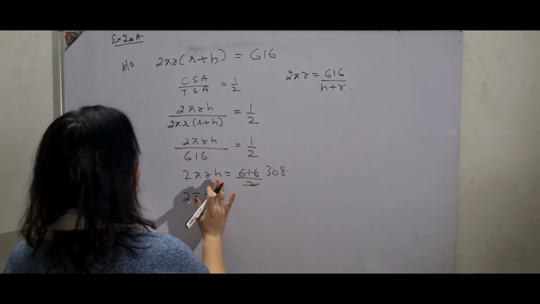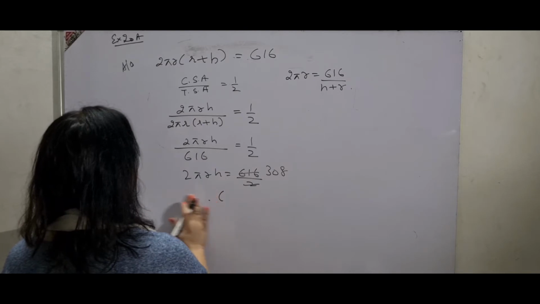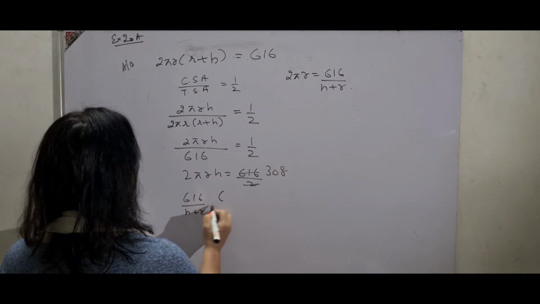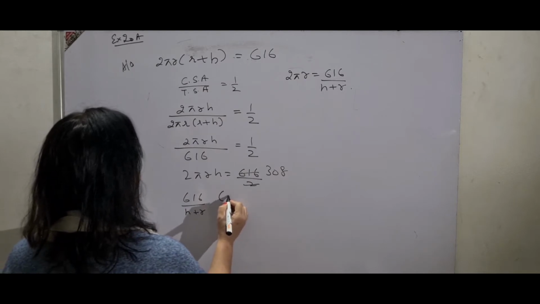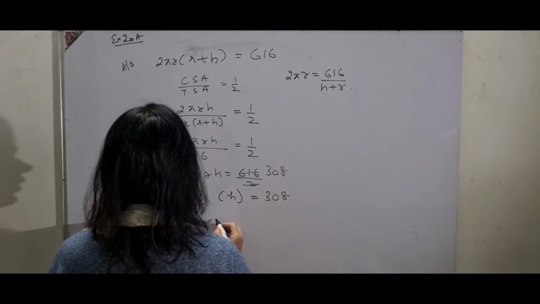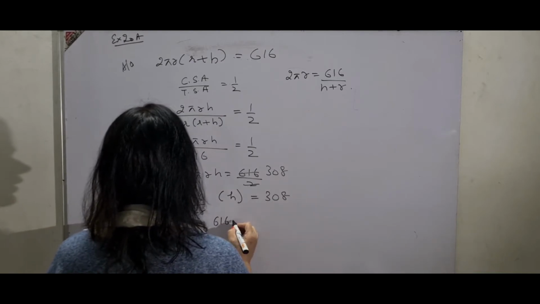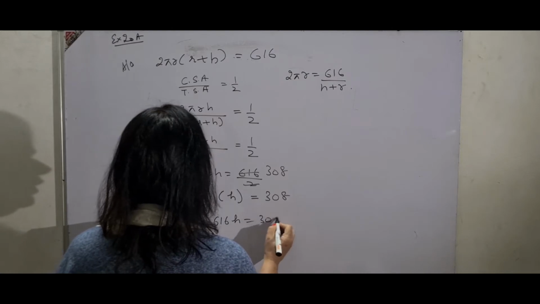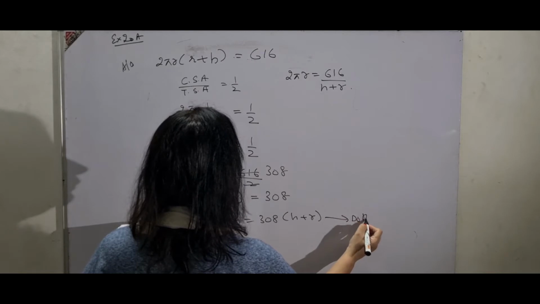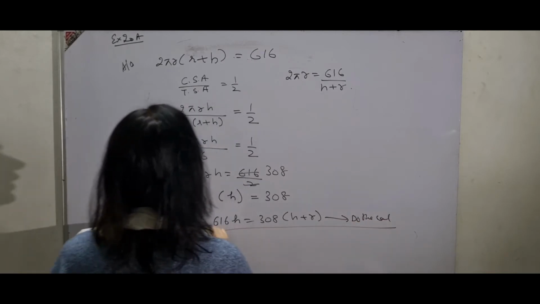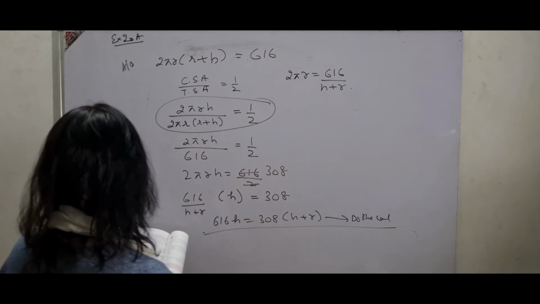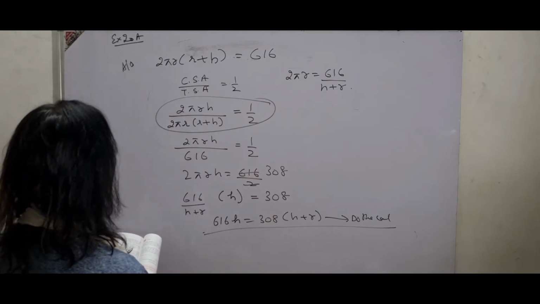So in place of 2 pi r, you substitute the value 616 over (h plus r), into h is equal to 308, or 616 h is equal to 308 (h plus r), and do the calculations. That will give you the required answer. So the main thing is 2 pi r h upon 2 pi r into (r plus h) is equal to 1/2.